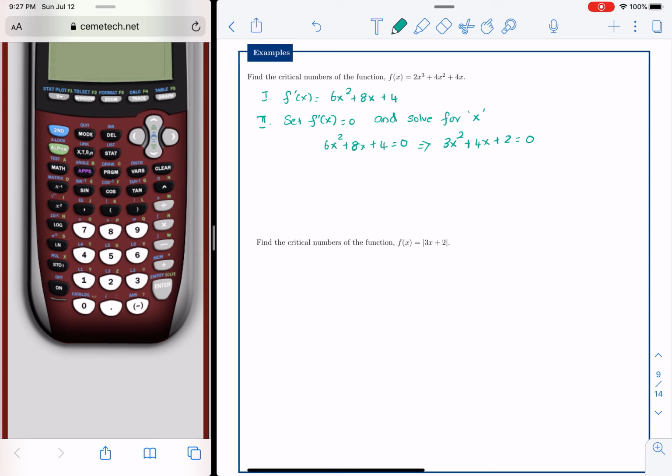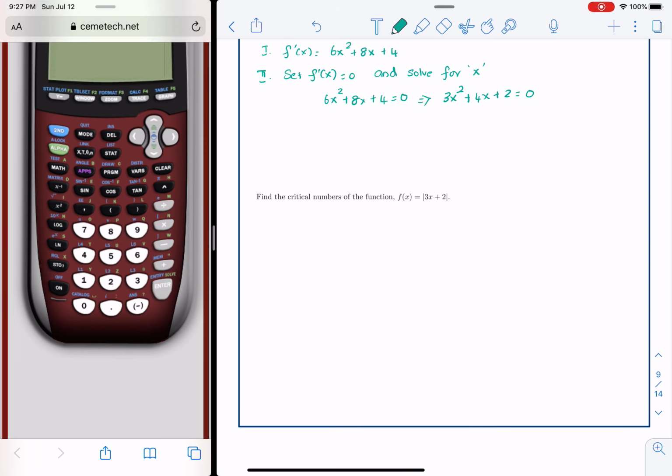Once again, that is a quadratic equation, and if we can solve it using factoring, it's great. If not, we have to use the quadratic formula. Looks like we have to use the quadratic formula in this case. So a is 3, b is 4, and c is 2.